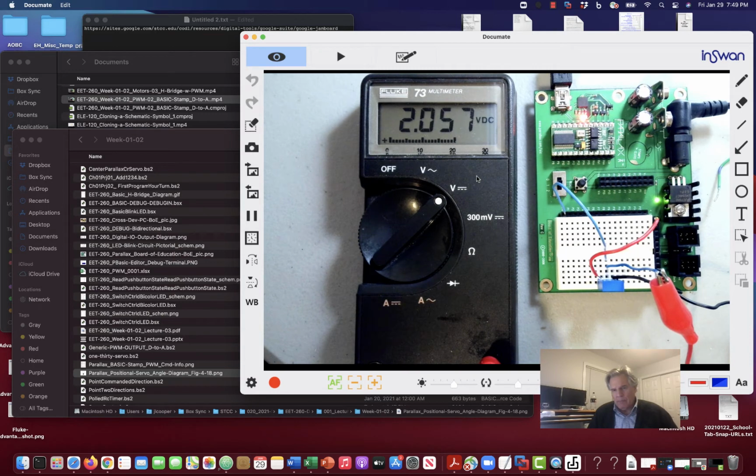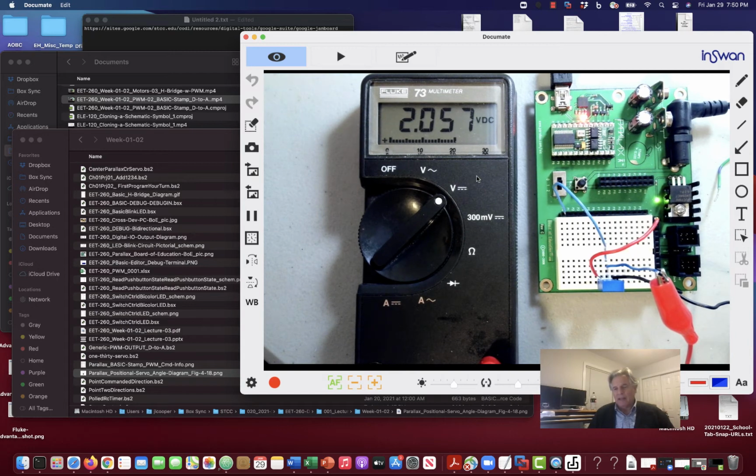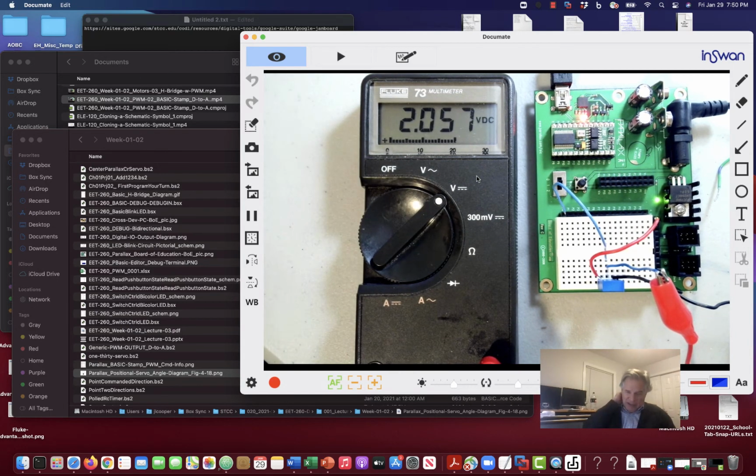So we figured out how we could take a number inside the microcontroller and drive it out in a way that sort of looks like an analog level, a steady DC level outside.